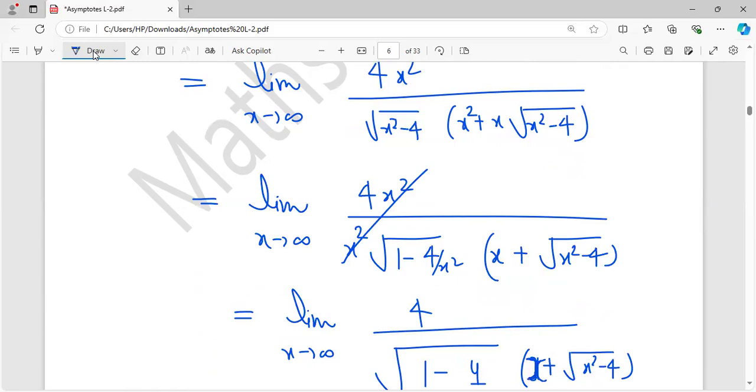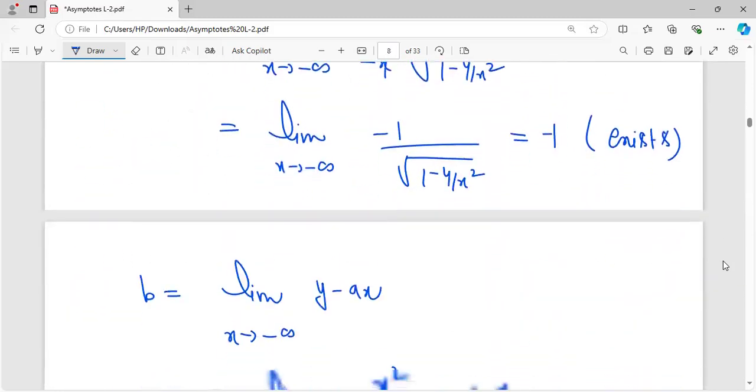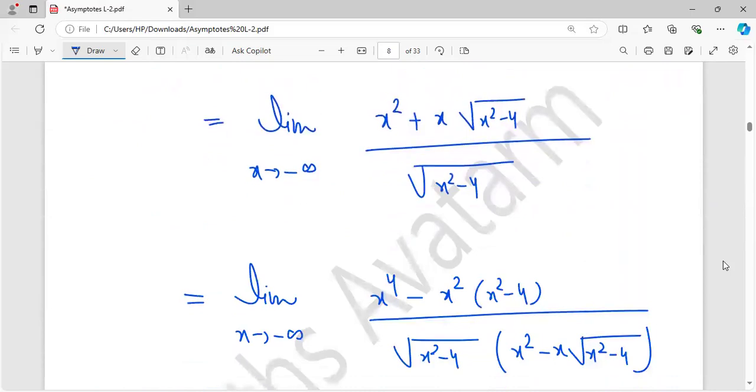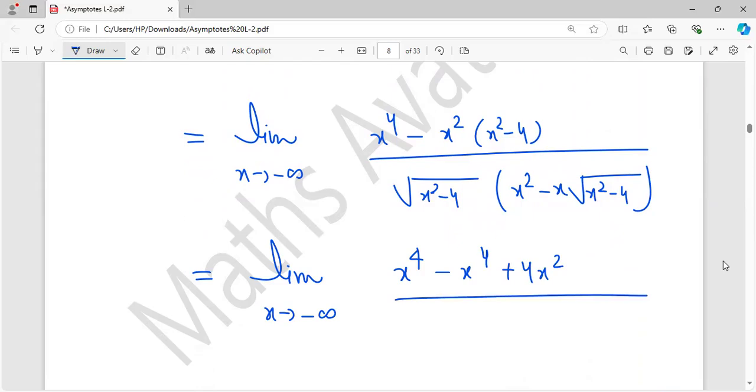This is x. So this is infinity. That is why b was 0 in the earlier example. Now same here we are doing. So take x common here.